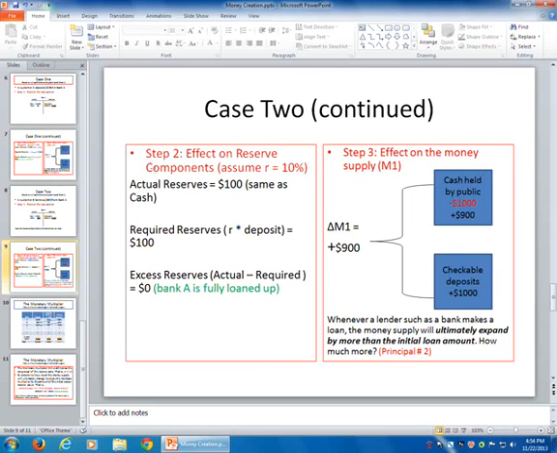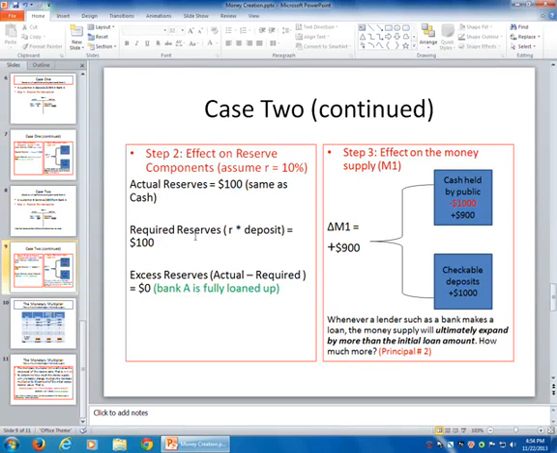Based on this transaction involving customer B, we'll look at the effect of it on the reserve components for Bank B, and also see how it affects ultimately the money supply. Alright, so again, if you know the effect on cash, you know actual reserves. So cash, as we saw in the T account, is now $100, so actual reserves are equal to 100.